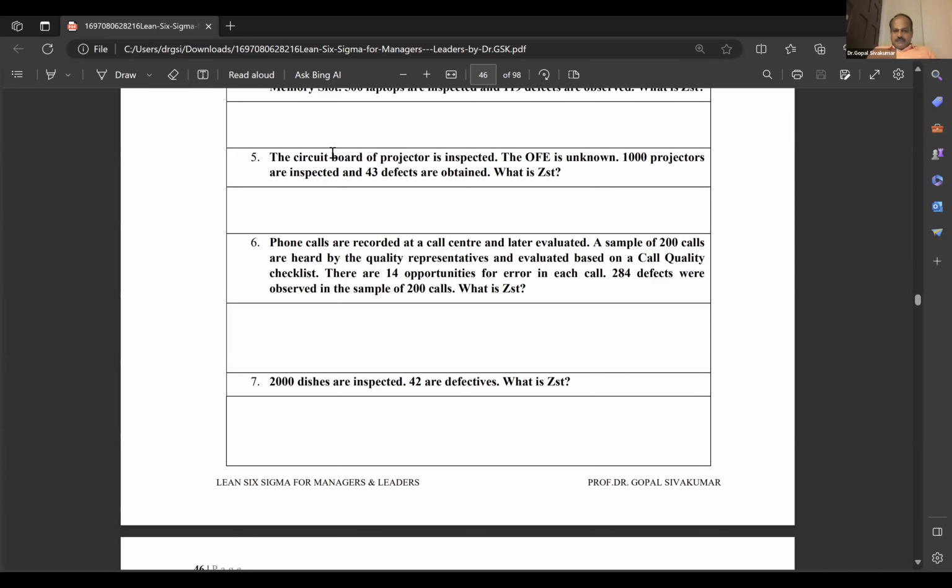Number of samples is 30. 30 samples, isn't it? 30 participants. And each participant is writing an exam where there are 50 questions. And now, after completion of the exam, we found that 125 answers are wrong.